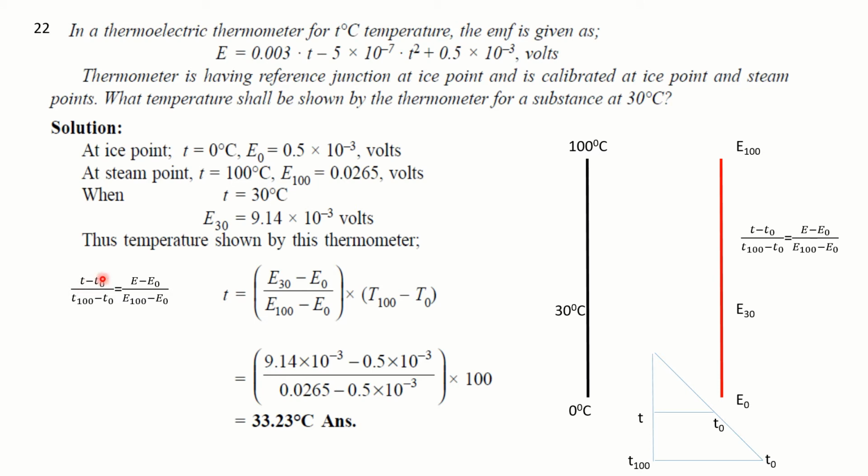So this is 100, this is 0. You know E naught value, you know E100 value. Now E30 value you put here and calculate temperature T. You will get 33.23 degrees Celsius.